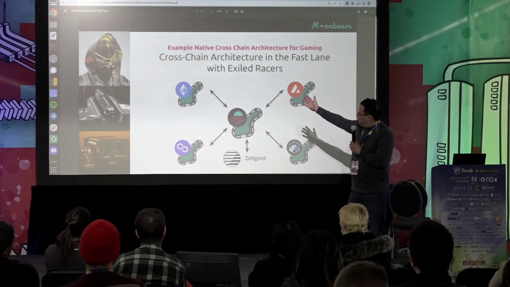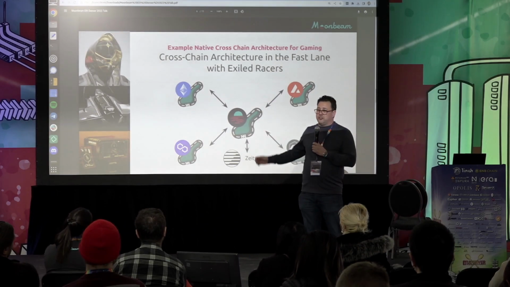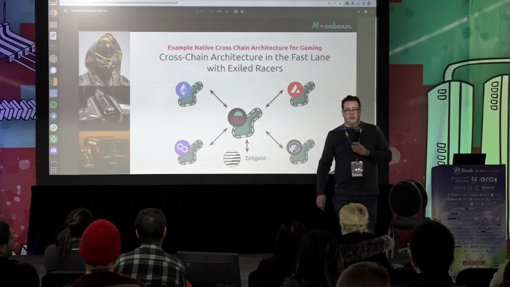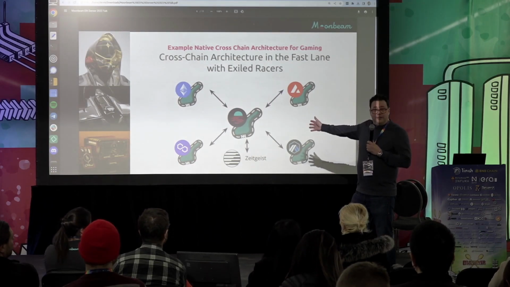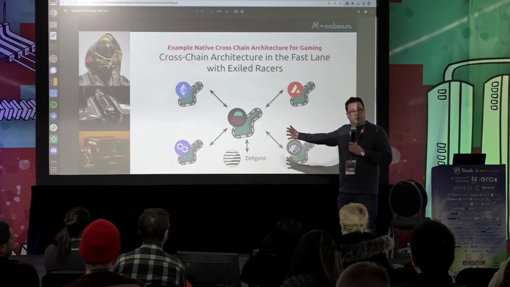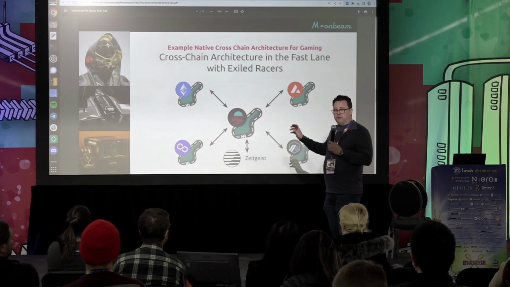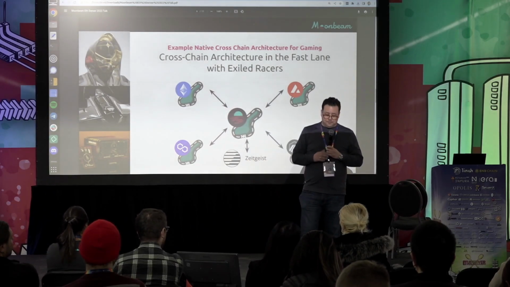So you have pilots, ships, different boosters as NFTs, right, that you purchase that you can use to race. And there's different race tracks, basically, where you race your ships against other people. Now, the way it works is Moonbeam is kind of the hub. There's a set of racetracks on Moonbeam, but there's also racetracks on a number of other chains. And so you can move your NFTs from Moonbeam to race on other tracks if you want.